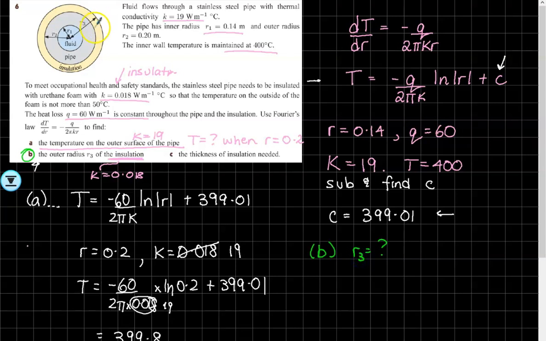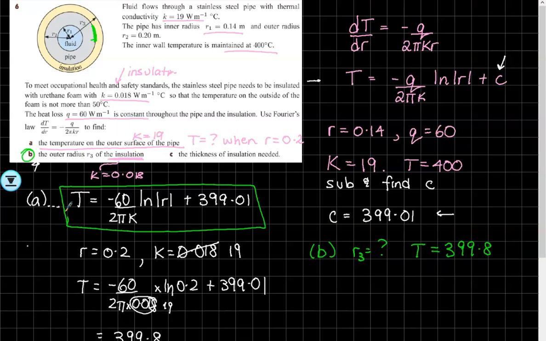And this time the inner temperature here, that's what we've just worked out, correct? So we know that the temperature is going to be 399.8. Our C, is that still the same?